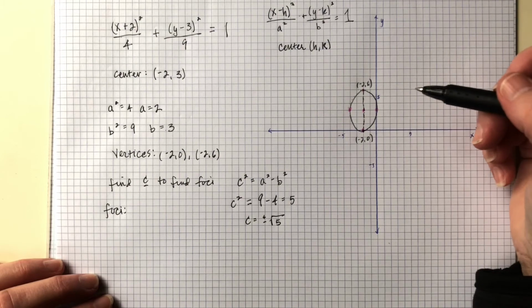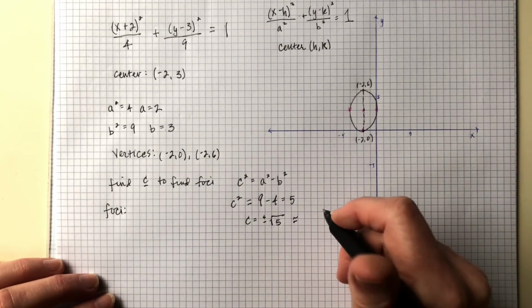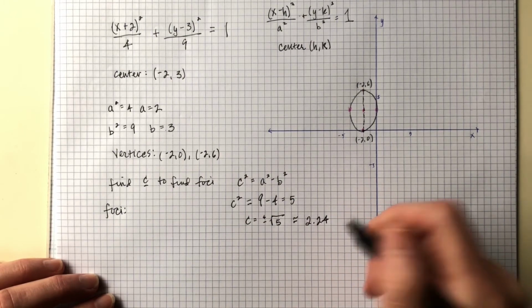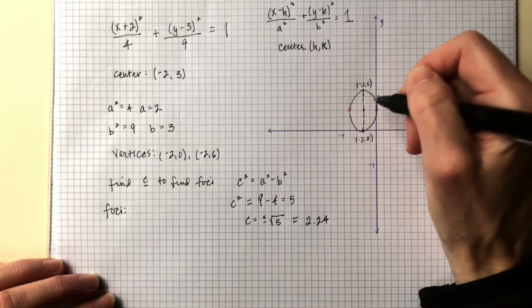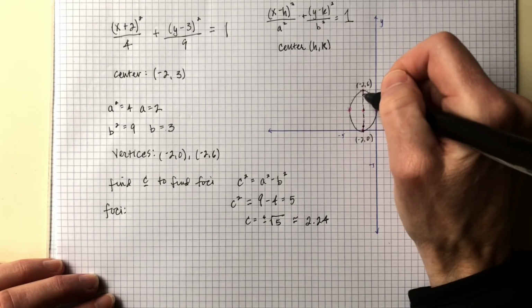And to plot that, it's handy to get a decimal approximation on your calculator of the square root of 5, and that's about 2.24. And so we go 2 1/4 units up approximately and 2 1/4 units down to plot the foci.